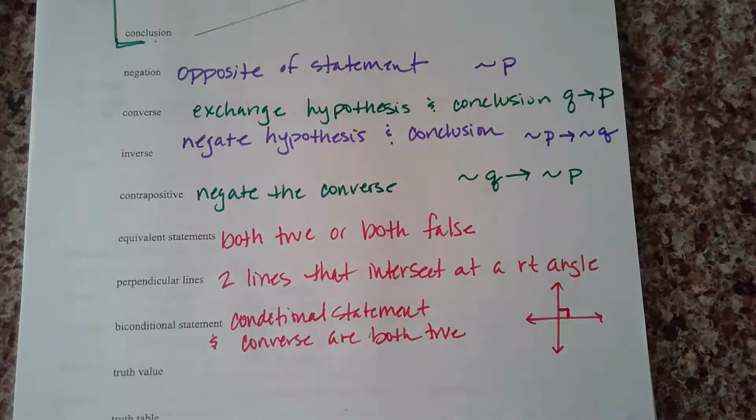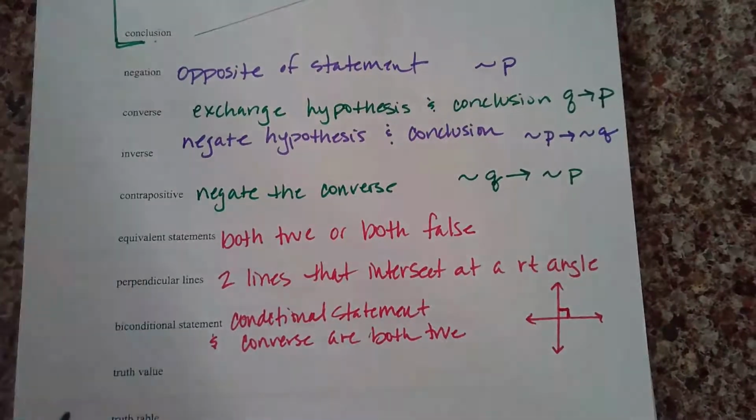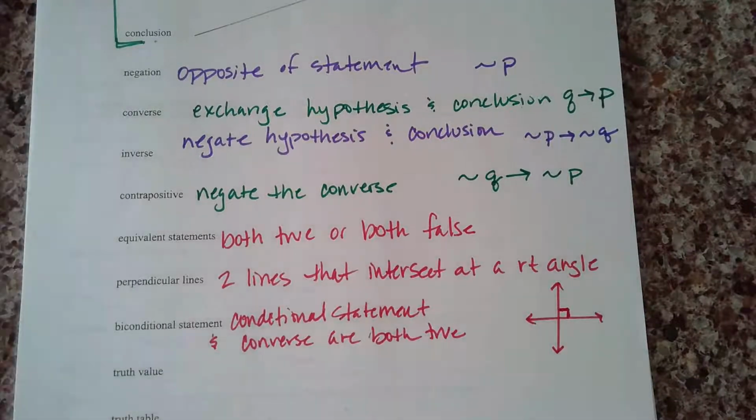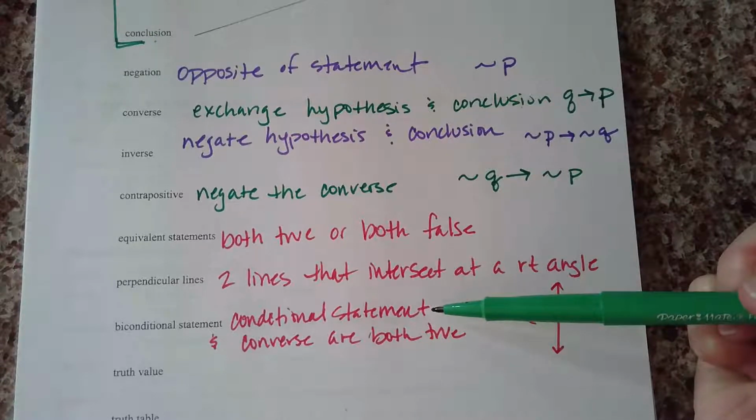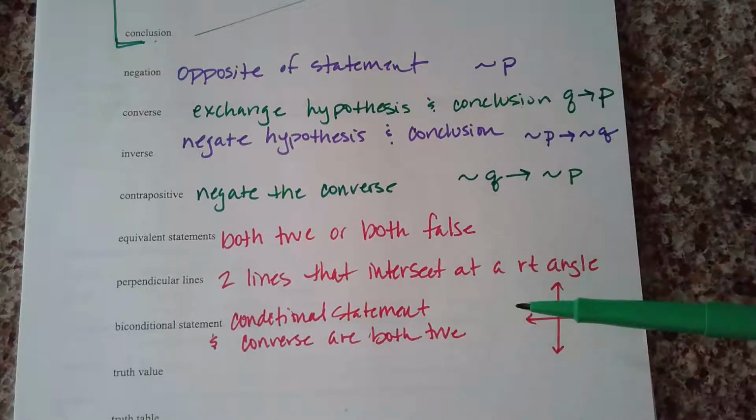When that occurs, when the conditional statement and the converse are both true, we can reword this and call it a biconditional statement. Let's think of something where it would be a biconditional statement, something like, if two angles are complementary, then the sum of their measures is 90 degrees. So the conditional statement is, if two angles are complementary, then the sum of their angles is 90 degrees.